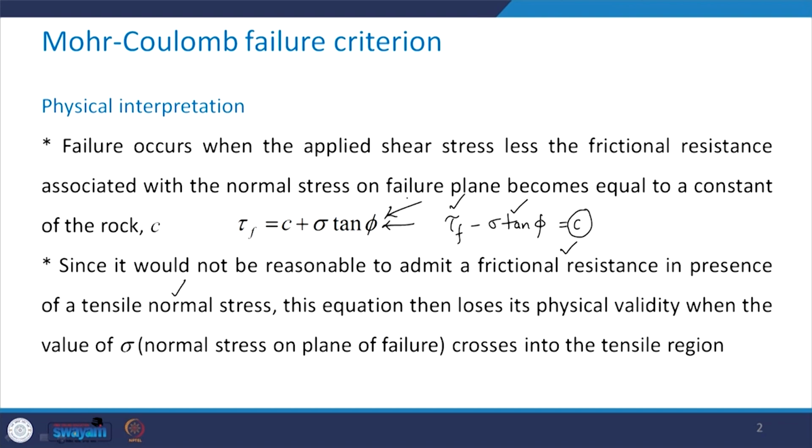We saw in the previous class also that this equation will work fine as long as this normal stress sigma is in the compressive region. The moment it goes to the tensile region, or the moment its value becomes negative, this equation, tau f equal to C plus sigma tan phi, loses its physical validity.